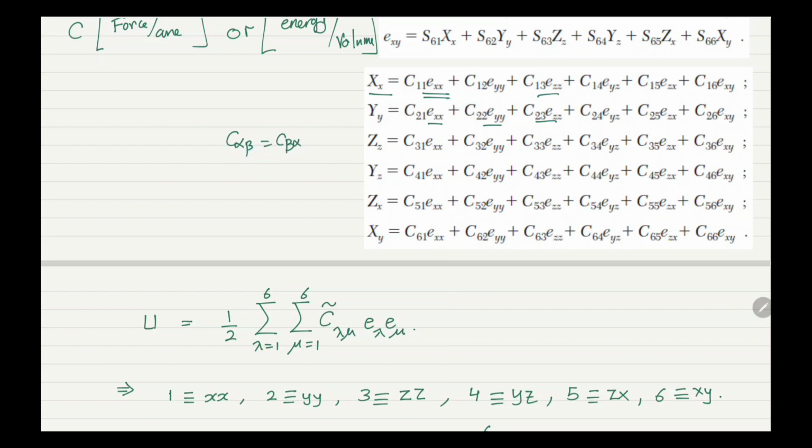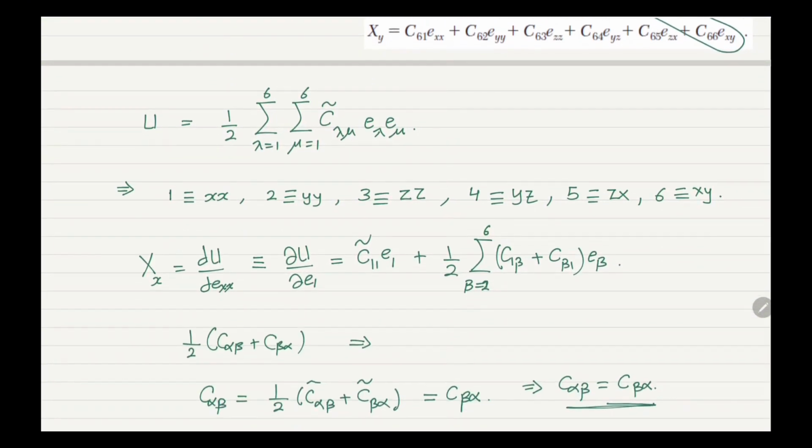Now, excluding the Cαα which is in the diagonal, Cαβ, like C12, is equal to C21, C13 equal to C31, and so on. So the 15 terms here are the image of those 15. So instead of having 36 terms, we will have 15 terms plus 6 in the diagonal.